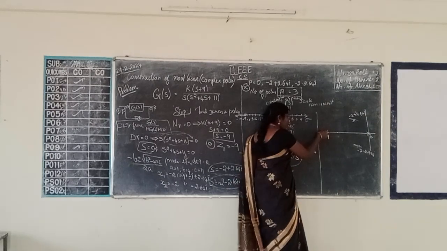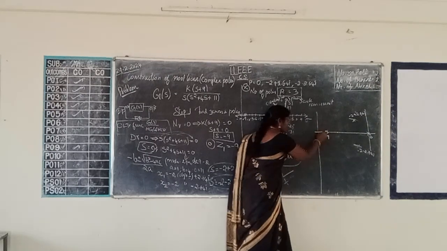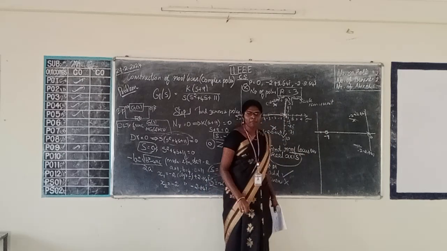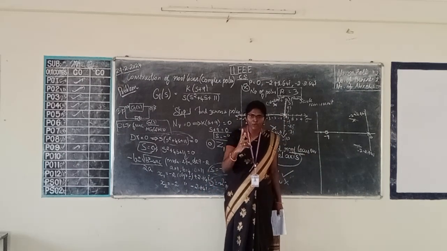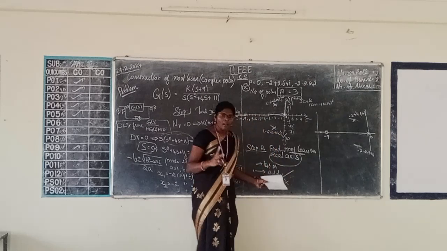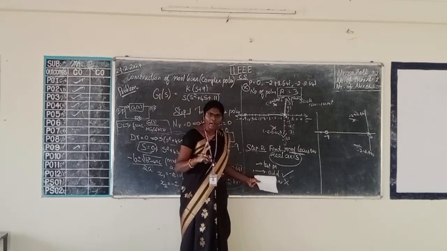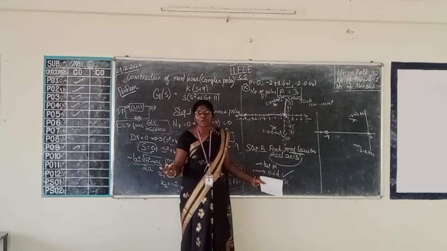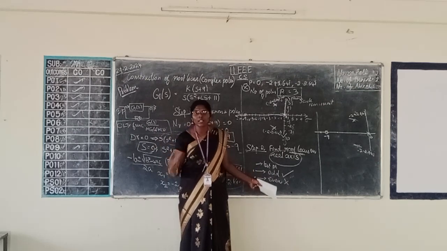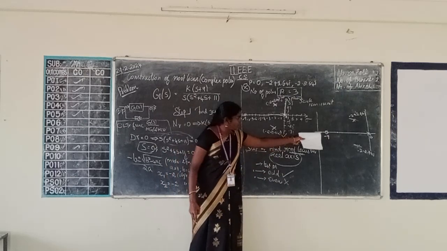So if I am placing a test point after here, I mean over this side, how many poles and zeros are there? 1 zero is there and 1 pole is there. Okay, what do you want? It should be an odd number of poles as well as zeros, not an even number of poles as well as zeros.